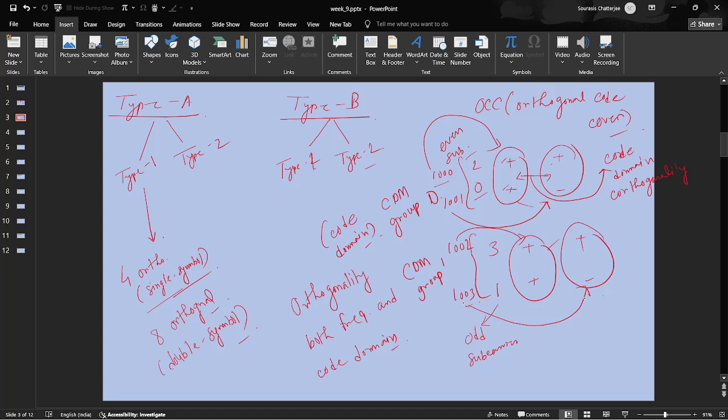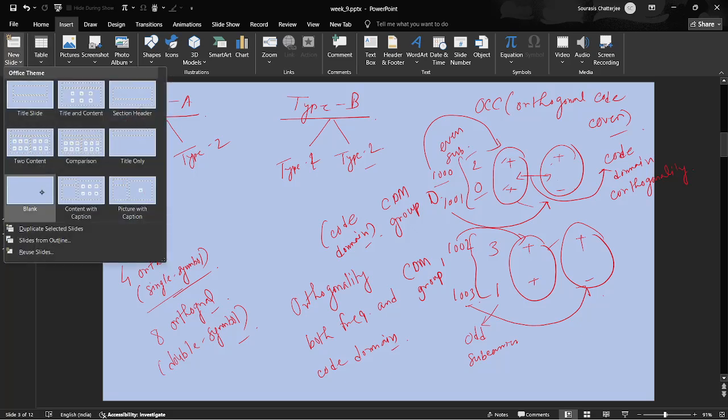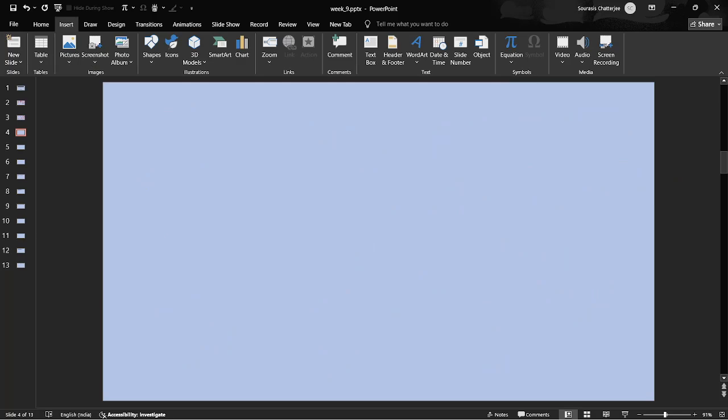How can we achieve that 8 here? Is there any other domain that we can exploit, which comes into the picture so that the orthogonality increases from 4 to 8?